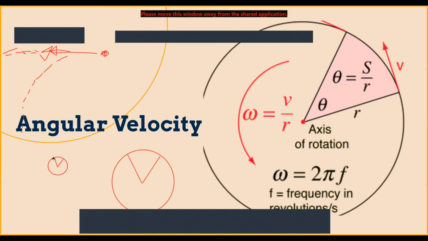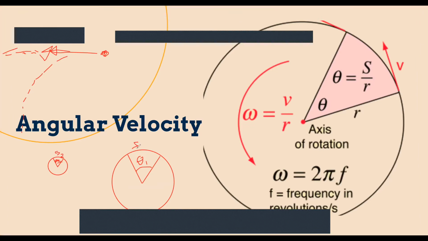Then we draw the arc length. This angle is called theta 1, this angle theta 2, and call this S2, the arc length, and S1.